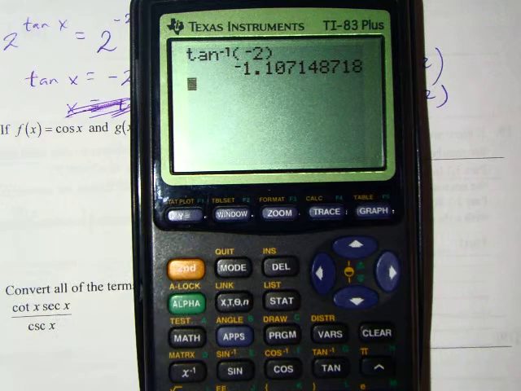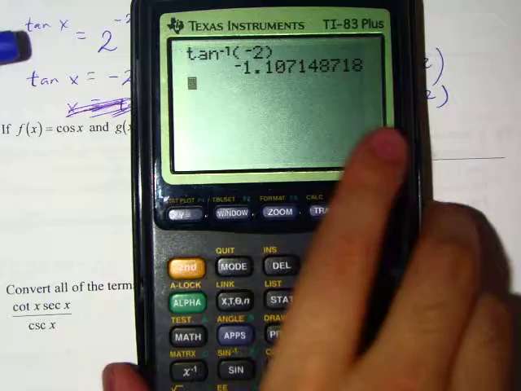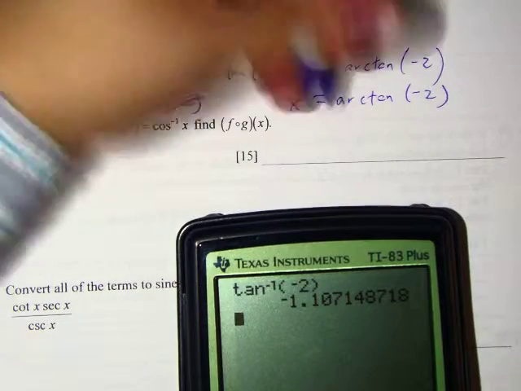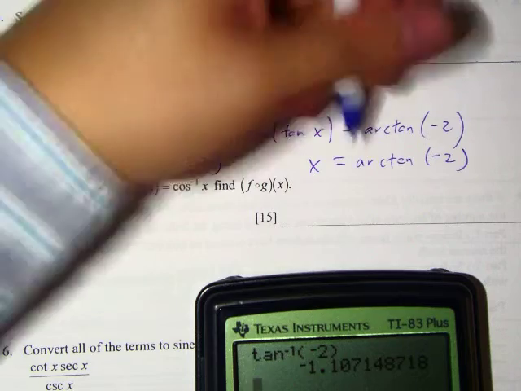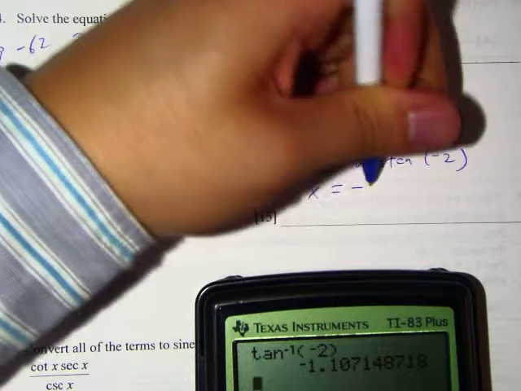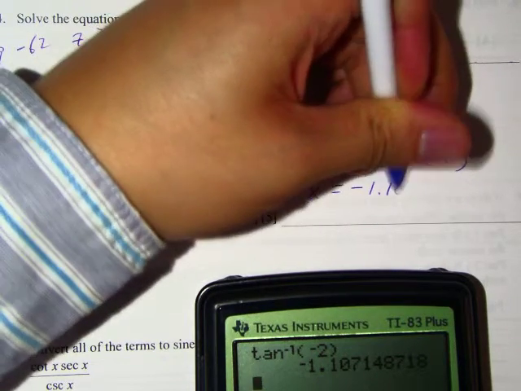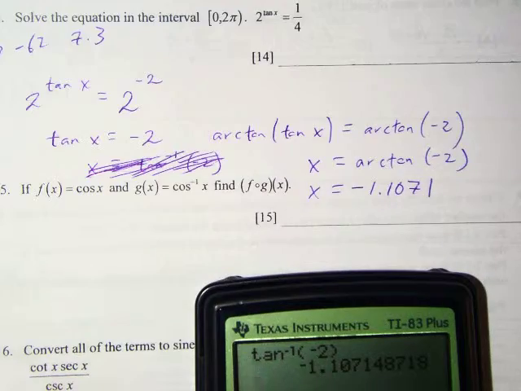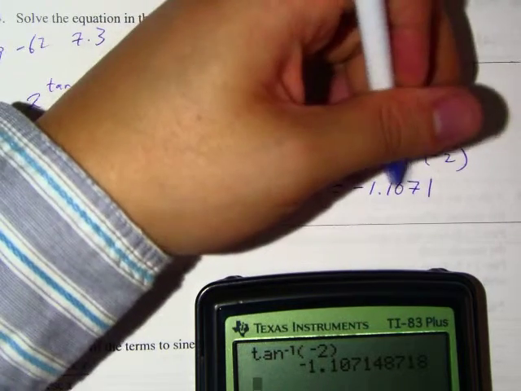So my answer is negative 1.1071. Okay, but the problem is that that's outside of the interval that we want, so that is not an acceptable answer.